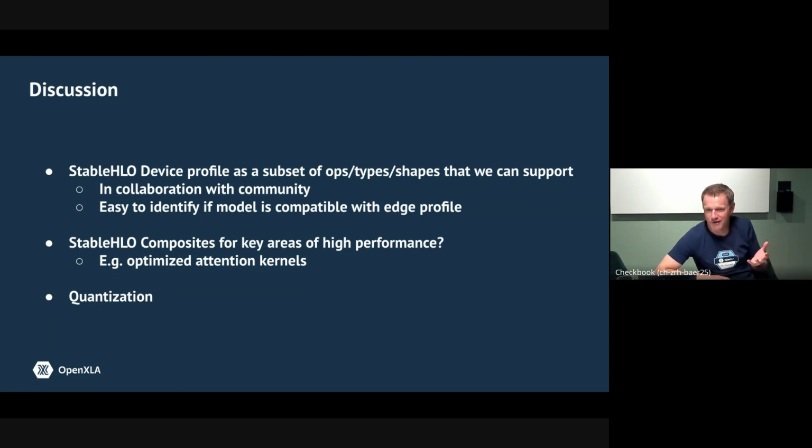But I'm also aware there are other on-device runtimes that support, for example, 4-bit blocked formats and things like this, which are not yet supported in stable HLO. I'm wondering if this is something there's a wider community need for, or if folks are going up against this in their implementations.